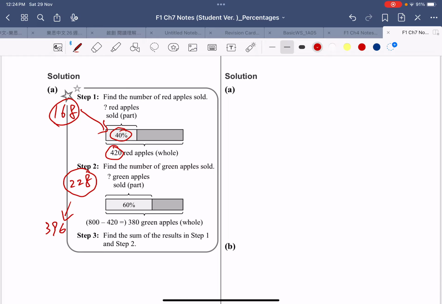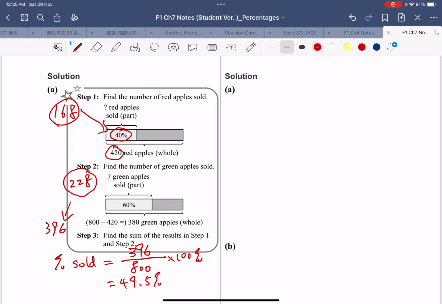And the percentage sold will be 396, the amount sold, divided by the total number of fruits originally, which would be 800, times 100%, and it will give you the required percentage, this number.